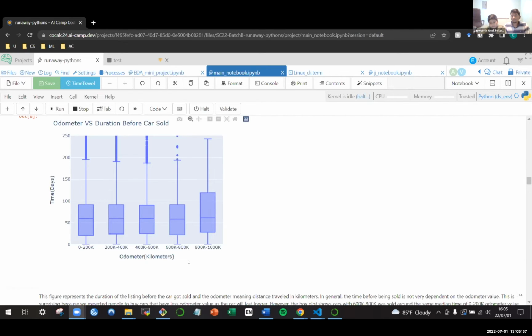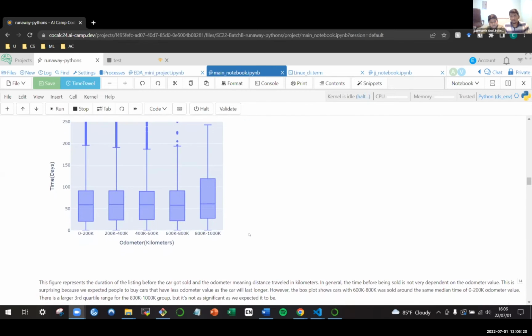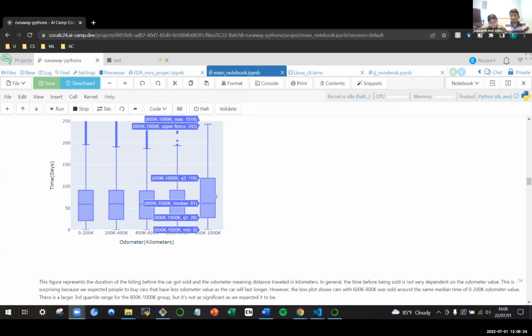The bottom plot shows cars between 600K to 800K were sold around the same median time as 0 to 200K odometer value. The large third quartile range for the 800K to 1000K group, but it's not as significant as we expected it to be.